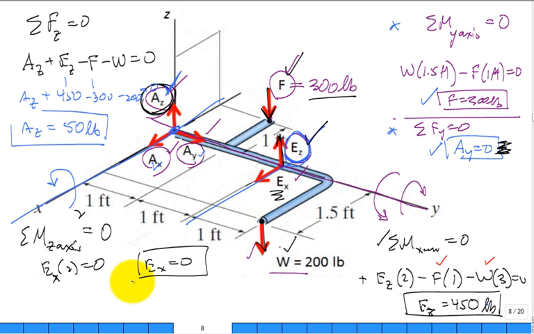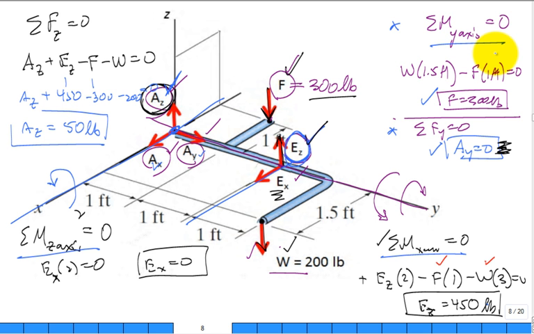We have to solve for AX. What's the strategy for solving for AX? Well, we've used a moment equation, a moment equation, a moment equation, 3 moment equations. You're not going to get it from another moment equation. You get it from another force equation.